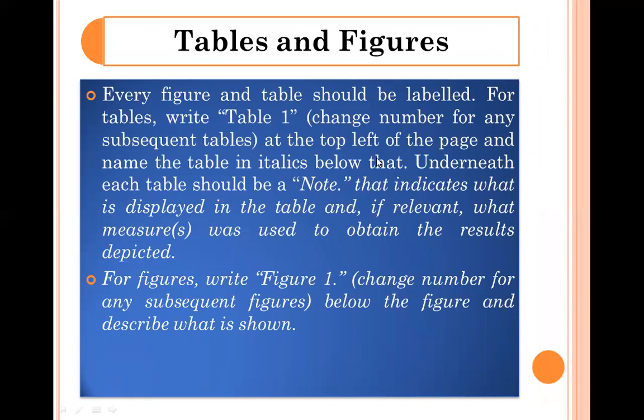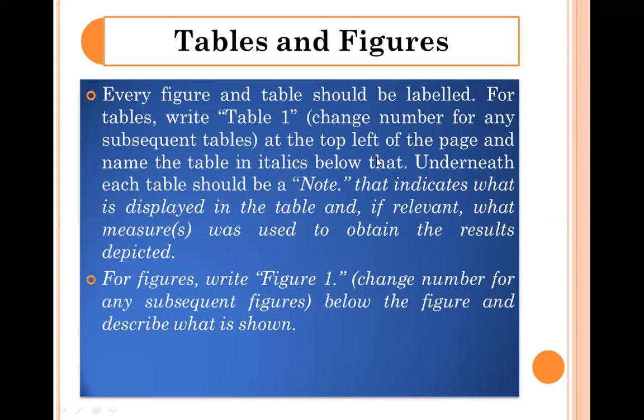If you're using tables, then tables can be named as table 1, table 2, table 3, or table 4.1, 4.2, 4.3. And you should have a table number and table name that is to be written at the top, above the table. But if you're preparing a figure, then the caption, the figure title should be given just below the figure, not above that. Fine. Okay. So please understand these two things.